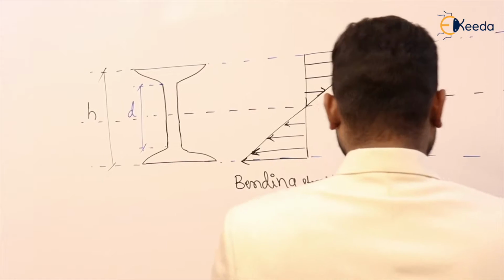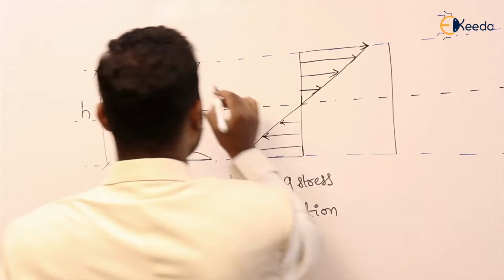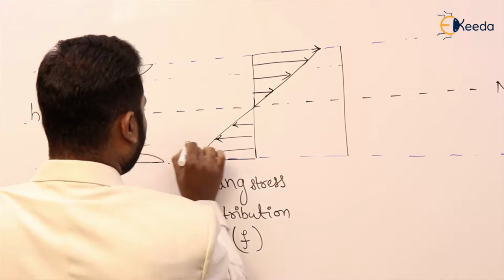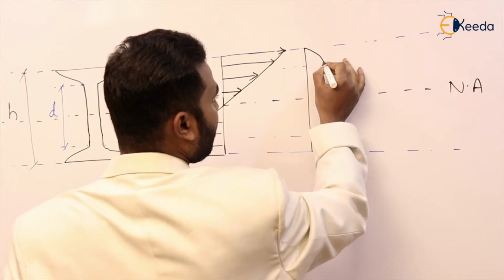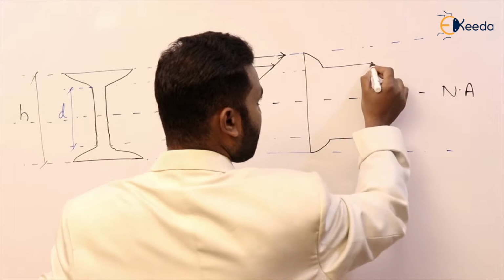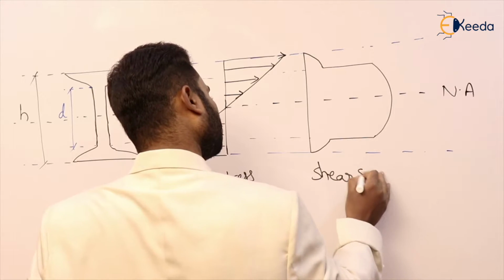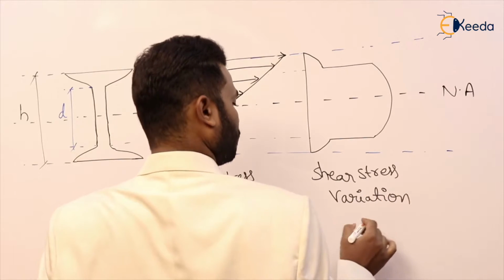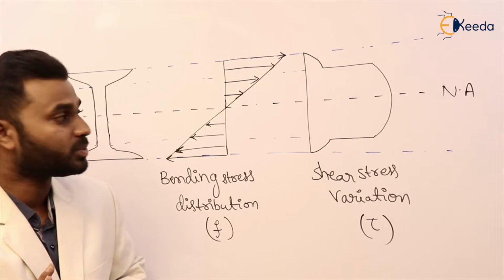Now if we observe the shear stress variation for the I section, this is the shear stress variation.